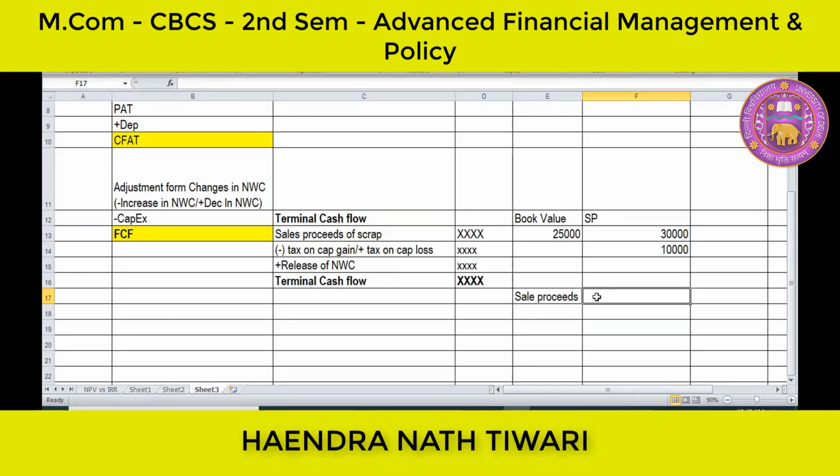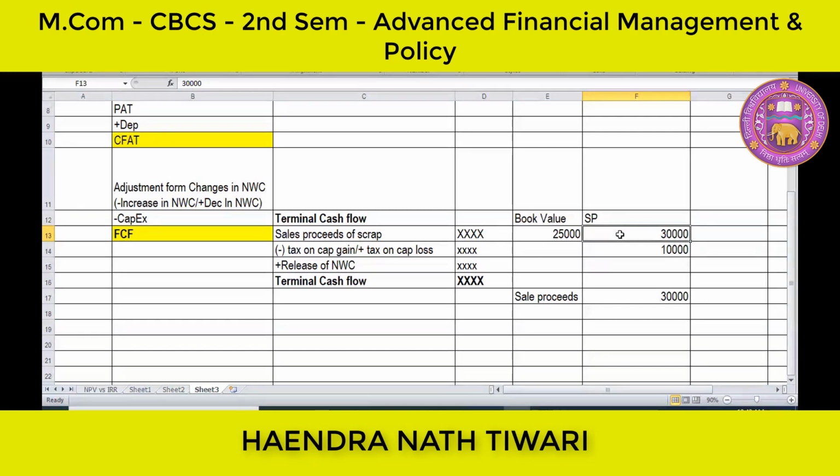So you will receive 30,000. Our book value is 25,000, selling at 30,000. So is there a profit or loss? Profit, sir. This profit will increase the overall profit of the firm, because loss on sale of asset or profit on sale of asset, where do you report it ultimately?